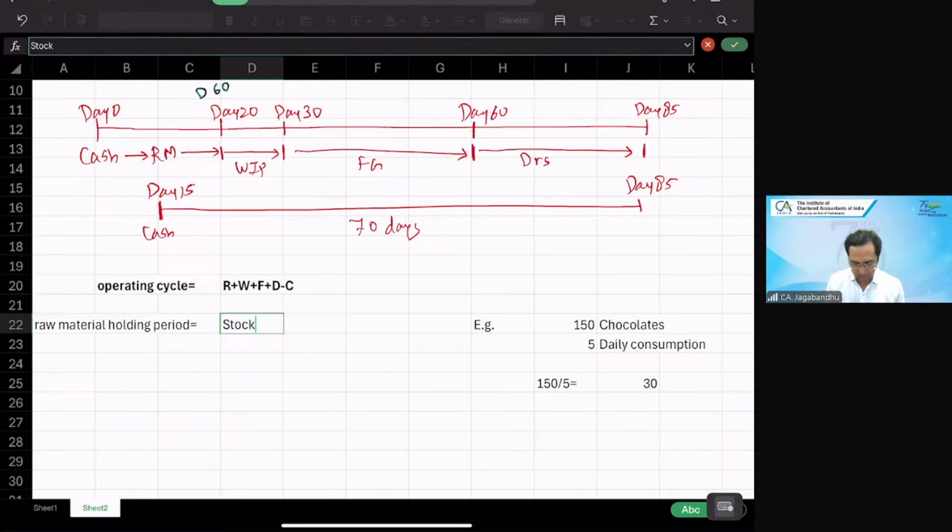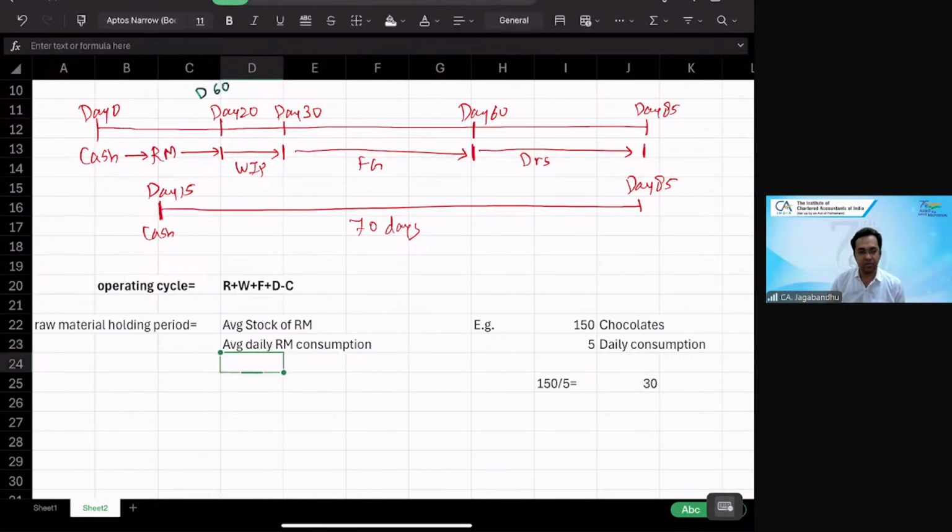It's going to be average stock of raw material upon average daily raw material consumption.